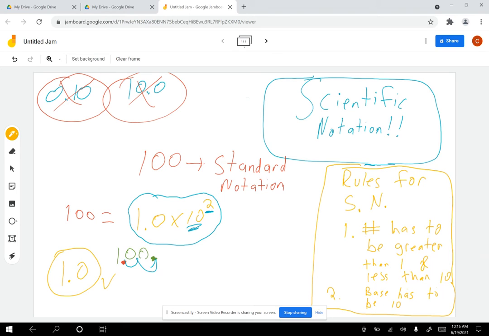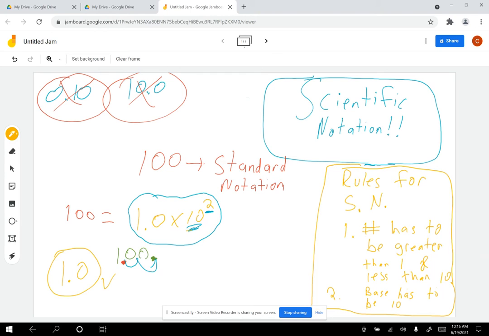So now that I knew it had to be 1.0, I simply just had to put the decimal point where it belongs at the end and where it would be moved in this new notation. And then I just connect them, and voila.